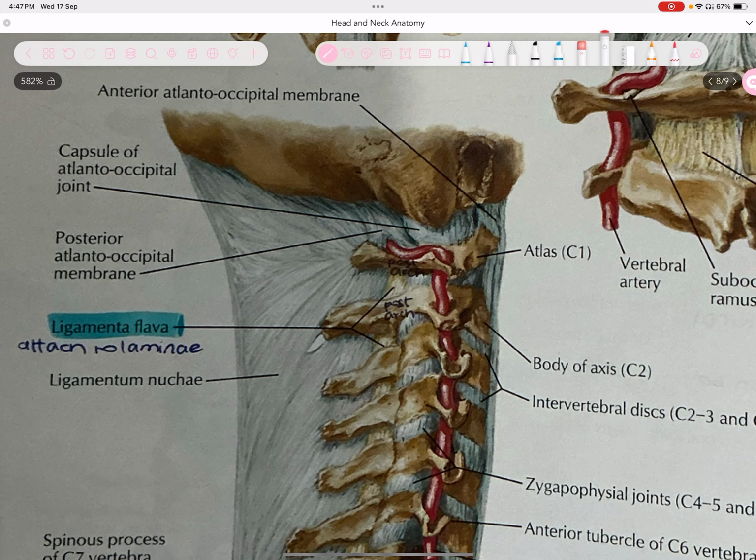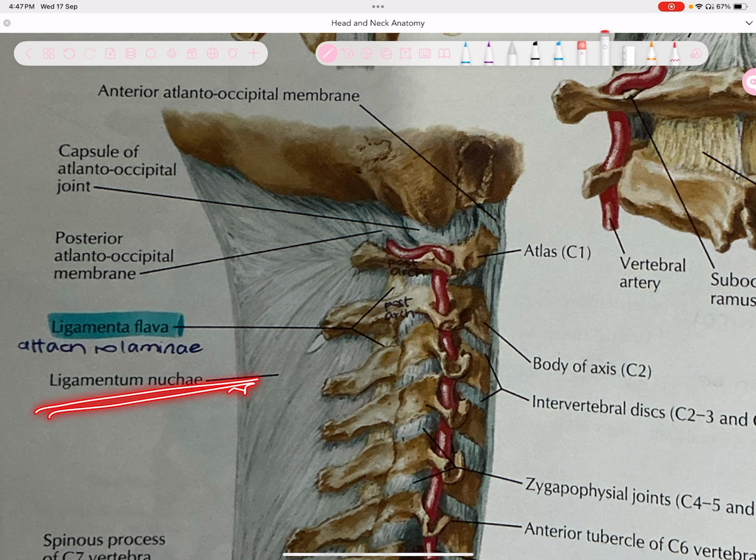So we covered the ligamentum nuchae. It arises from the posterior tubercle. Yeah, that gives attachment to the ligamentum nuchae.